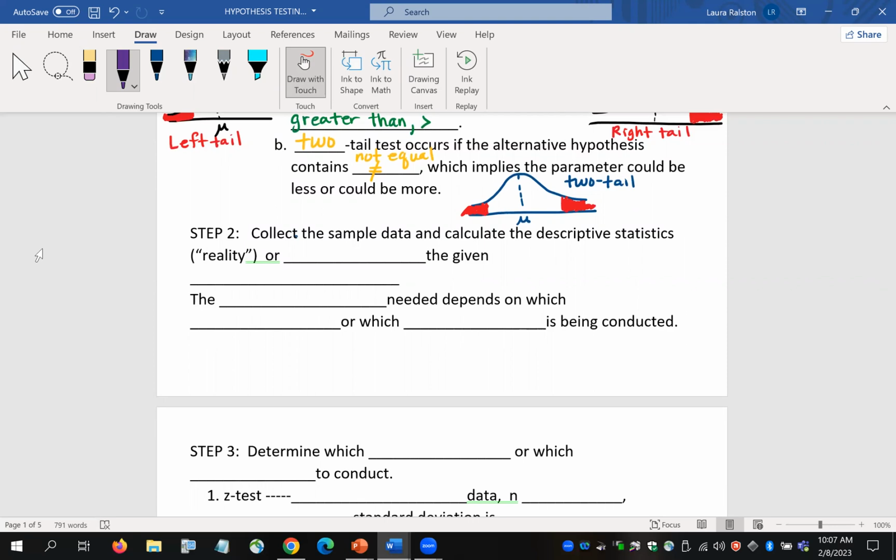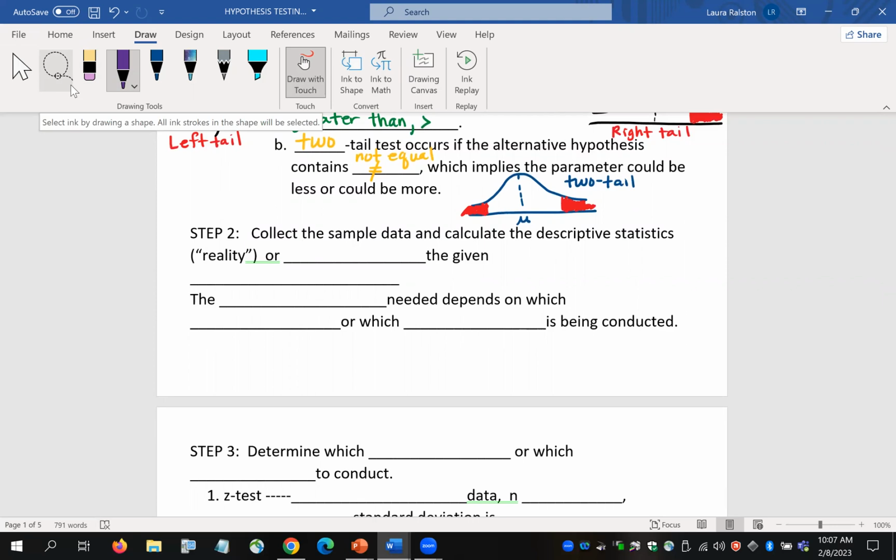In reality you would go out, collect the data, calculate all your descriptive statistics, create all the pretty tables and graphs, and then use those.